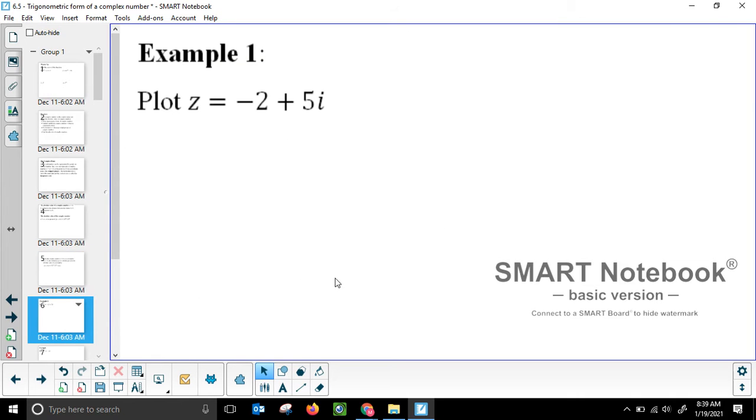All right, so let's plot in the complex plane the complex number -2 plus 5i.